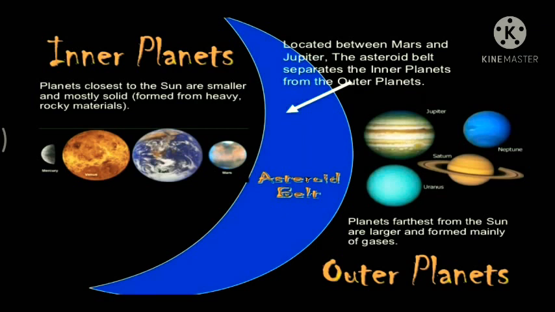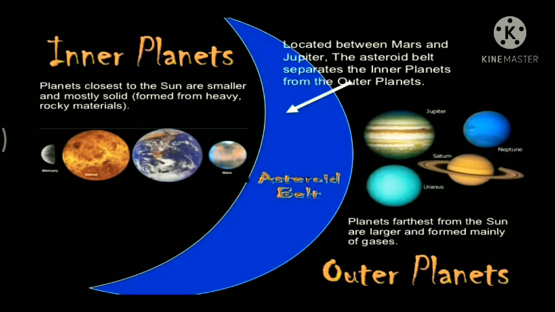Because of this, they are also termed terrestrial planets. The rest 4, Jupiter, Saturn, Uranus, and Neptune, are farthest from the sun, relatively larger, and formed of gases. Because of this, they are called gas giants.